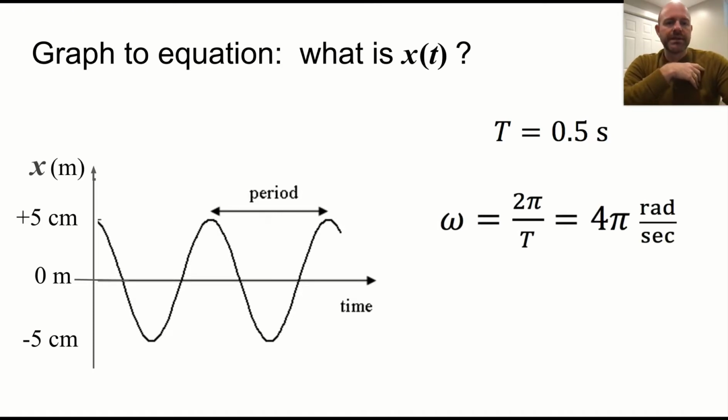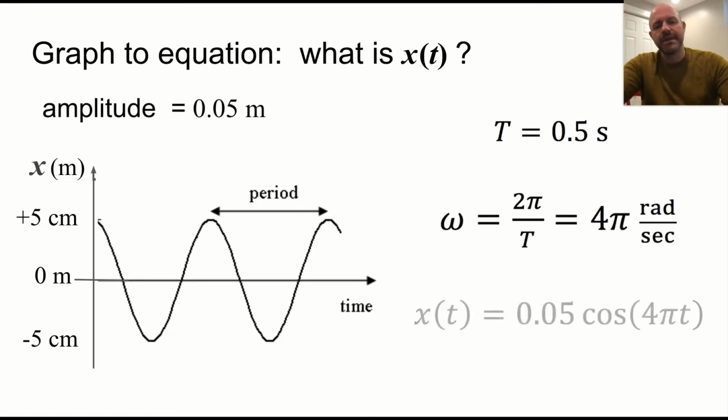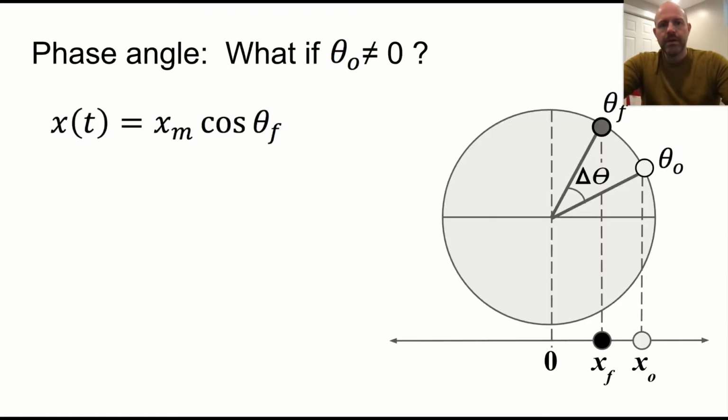So angular frequency is 2 pi over the period, so that's 4 pi radians per second. The amplitude here, reading off the graph, is 0.05 meters or 5 centimeters. And so we could write this as position as a function of time is 0.05 cosine of 4 pi t. The key things being the amplitude and the angular frequency, which we can read from the graph.